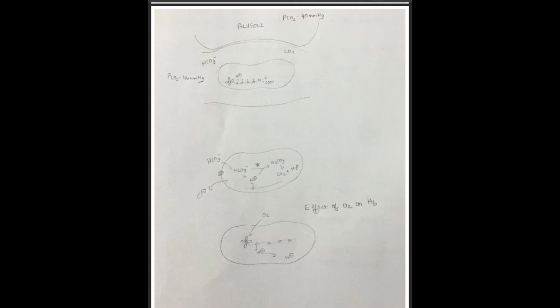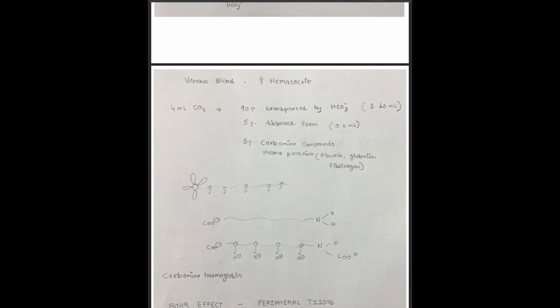So here, what is the partial pressure of carbon dioxide in deoxygenated blood? It is 46 mm mercury. I am really sorry that I have mentioned it as 48. Please correct it. It is 46.